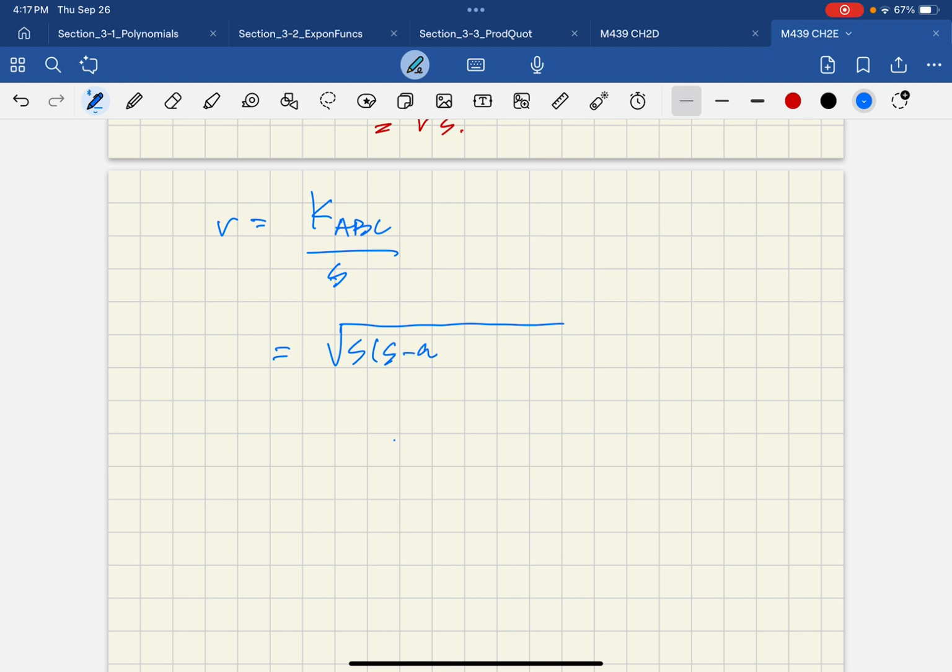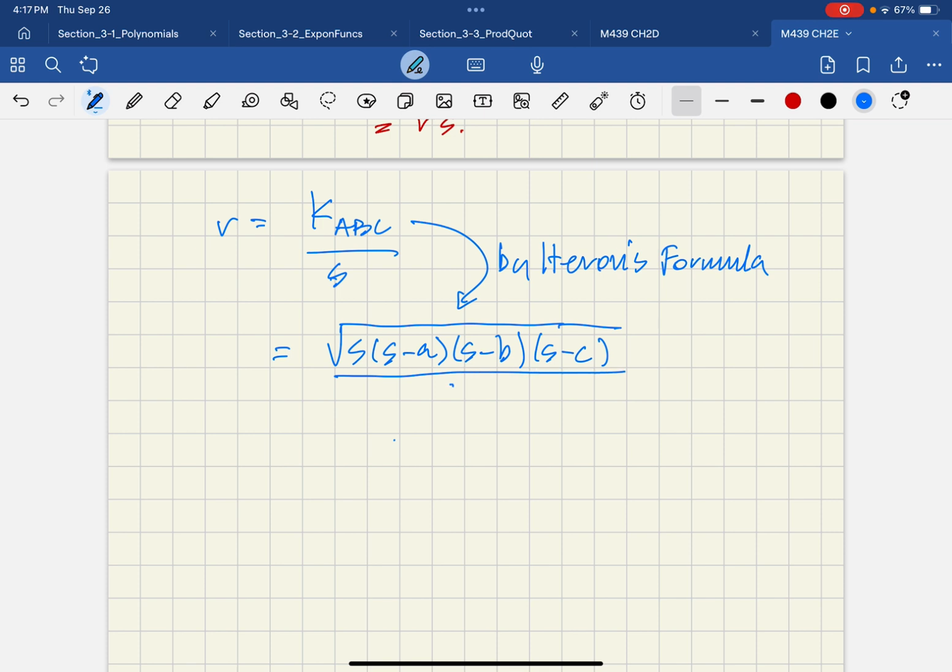So the square root of S times (S minus A)(S minus B)(S minus C), by Heron's formula. But of course, that whole thing has to be over S. And when we bring the S inside of the square root, we've got to square it.